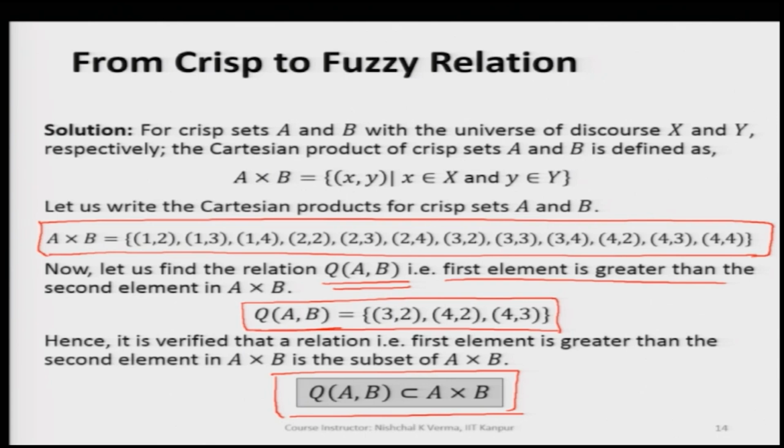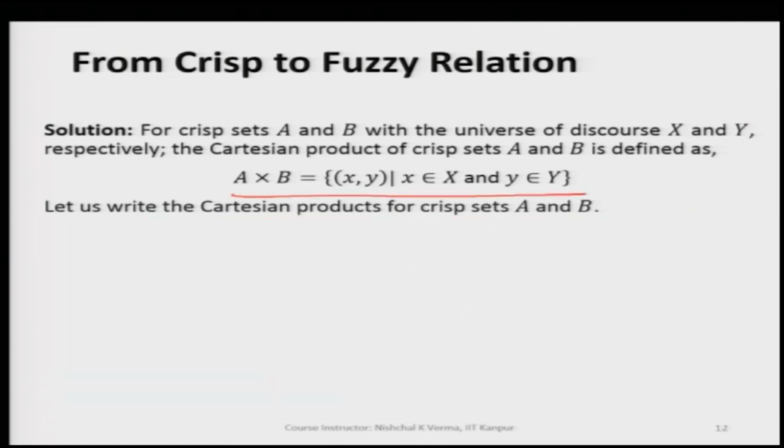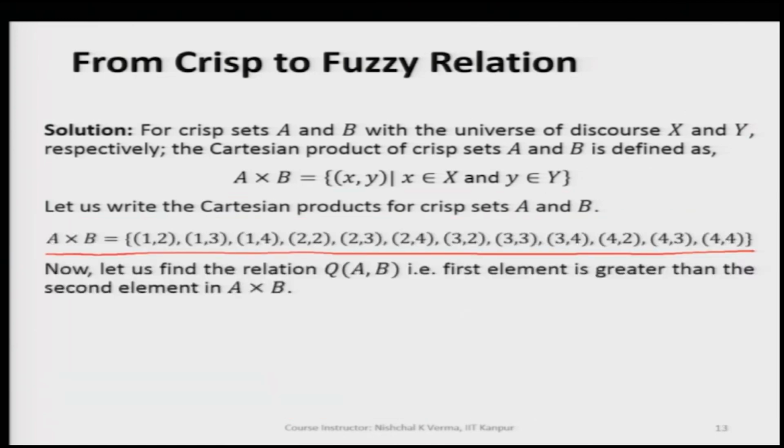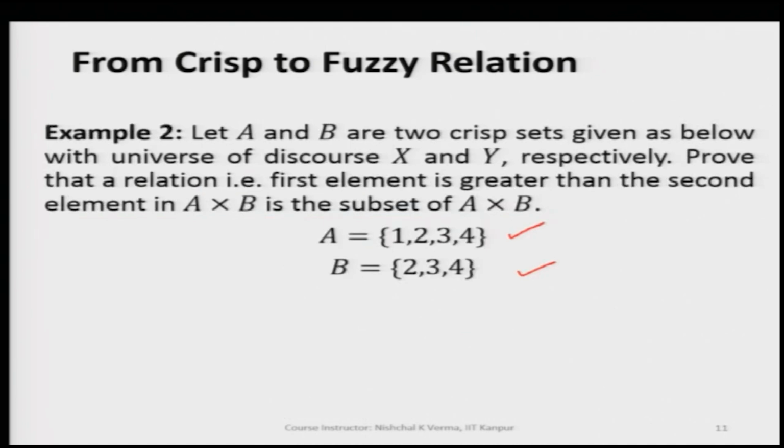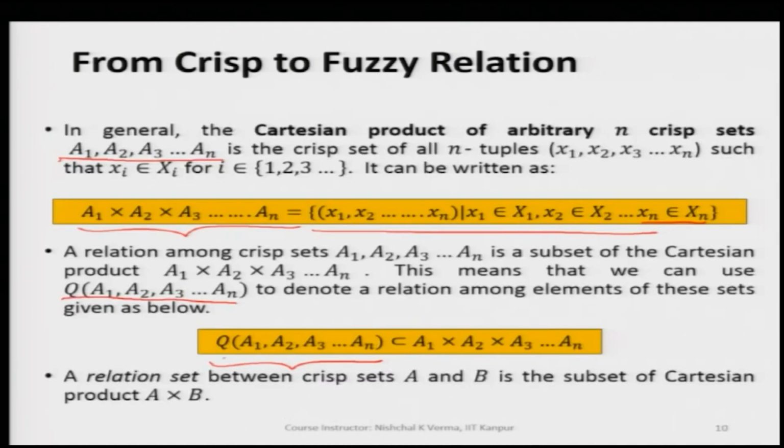So, this way, the statement that I made in the previous slide is that the relation set is a subset of the Cartesian product of the sets.